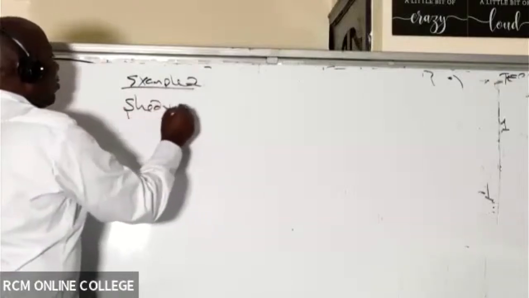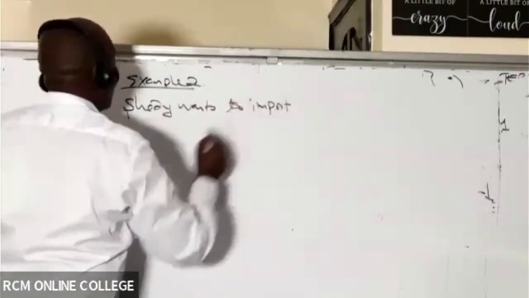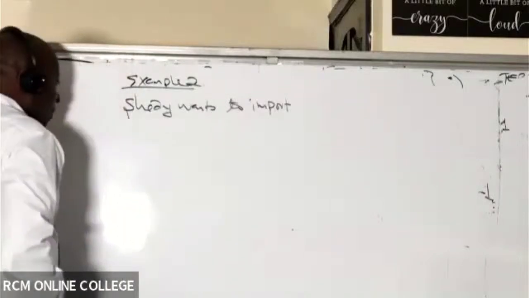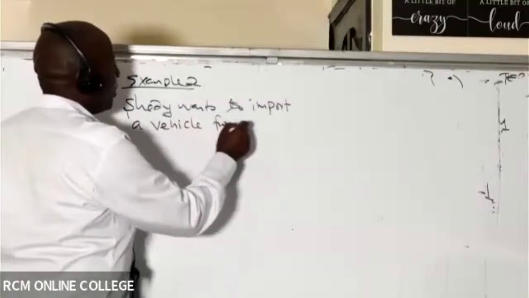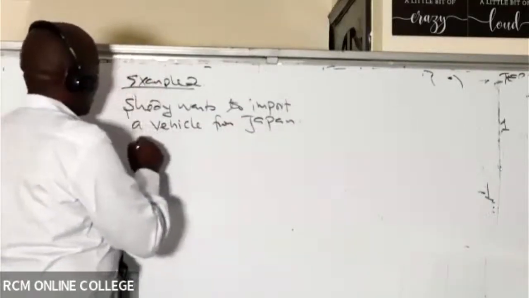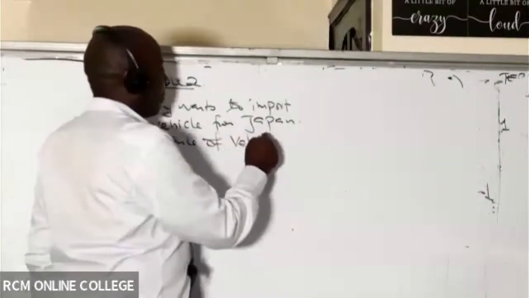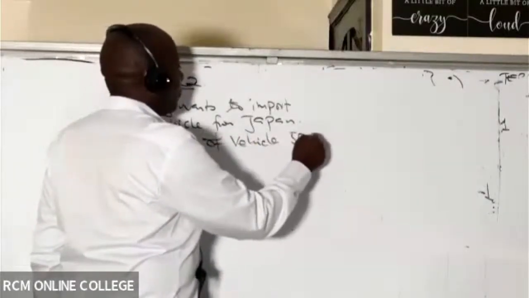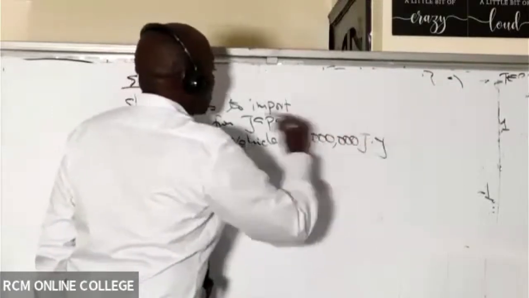Shedi wants to import a vehicle from Japan. The price of the vehicle is 50 million Japanese yens.